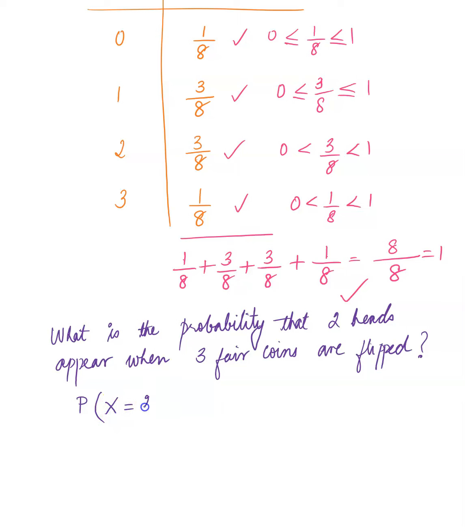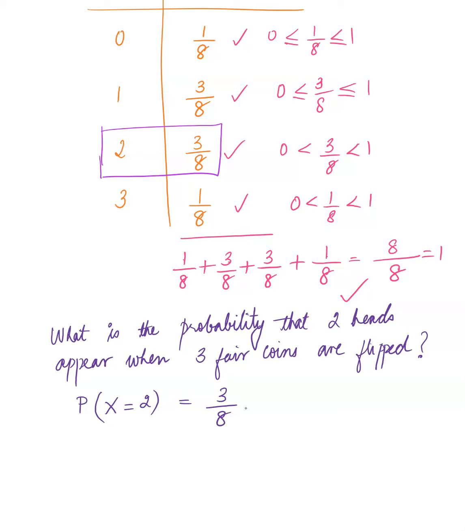So all you have to do is go to the table and look at the row that has 2 heads, and the corresponding probability is 3 over 8. So the probability when x equals 2 is 3 over 8. When you're looking for exact values, you can see them directly in your table.